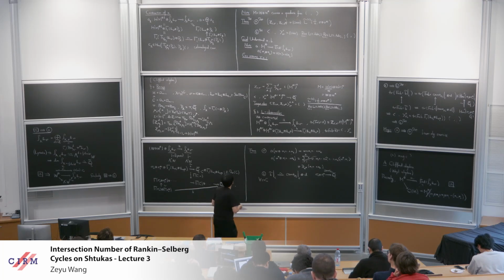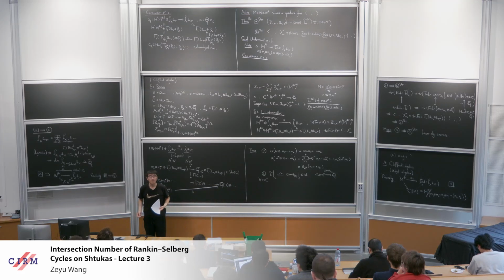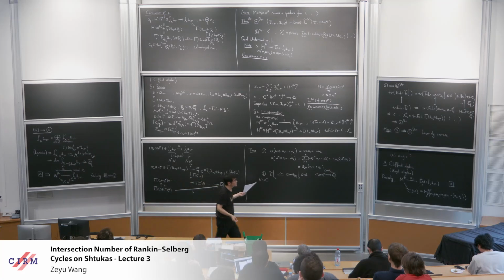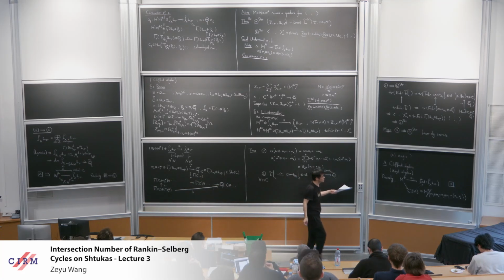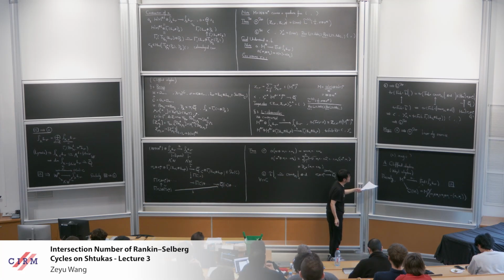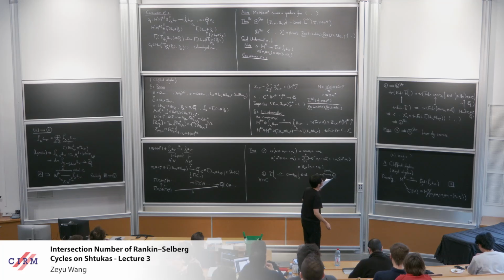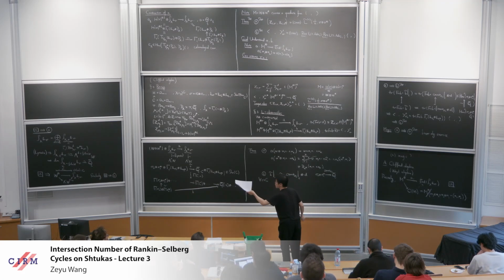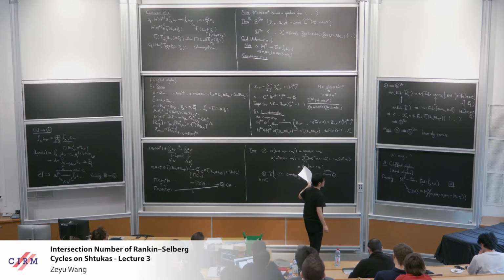Now I think I'm ready to... Yes. I don't understand, you're saying that this follows from A. To formulate A, you need to have a representation of your space as an exterior algebra.